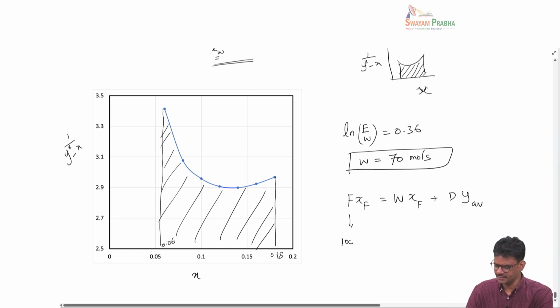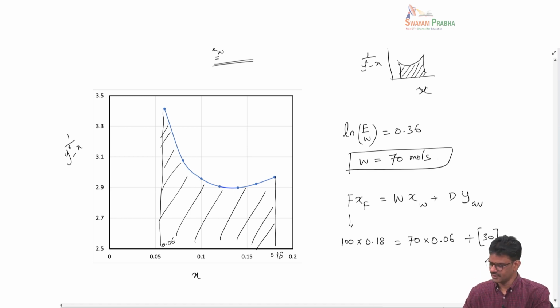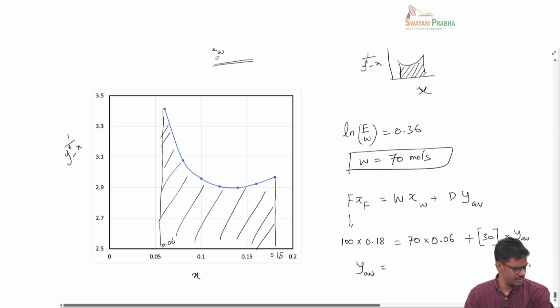F is 100, XF is 0.18, W is 70, sorry, this must be XW, this is 0.06, D is nothing but F minus W, so that would be 30 moles, into Y average. Okay. And from here you can solve for Y average and should get something like 0.46.